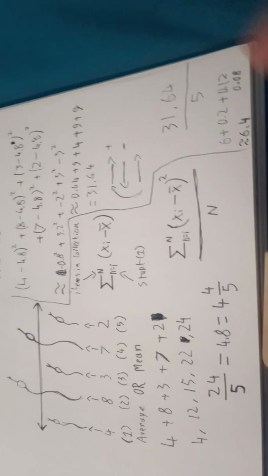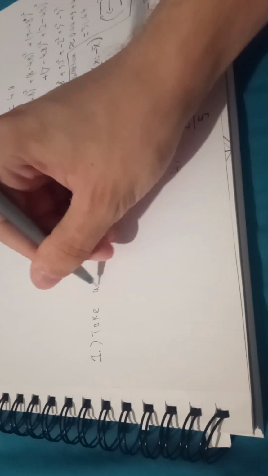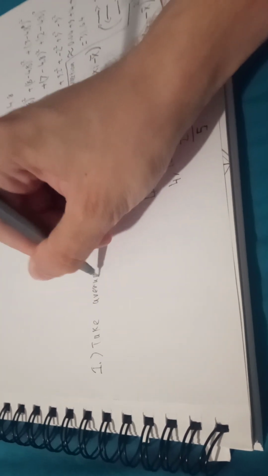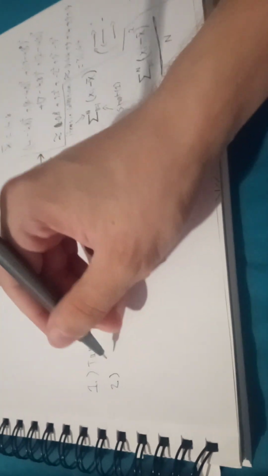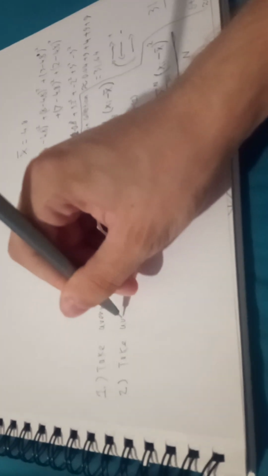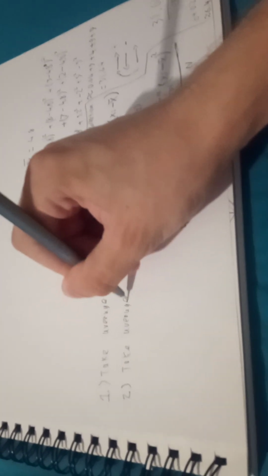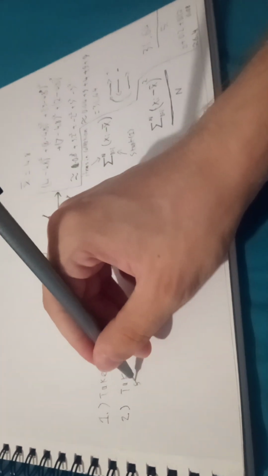So as long as you follow it like a recipe, number 1, take the average, okay? Number 2 is going to be take the average away from each item.